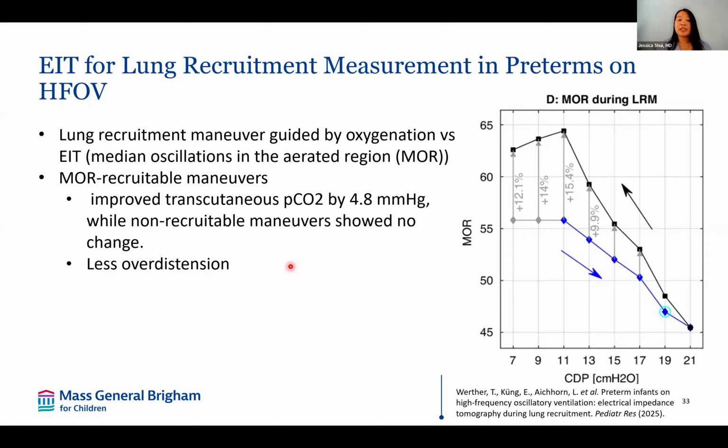And in this paper, they talked about their practice of how they adjust their mean airway pressure based on oxygenation and try to do lung recruitment maneuvers.